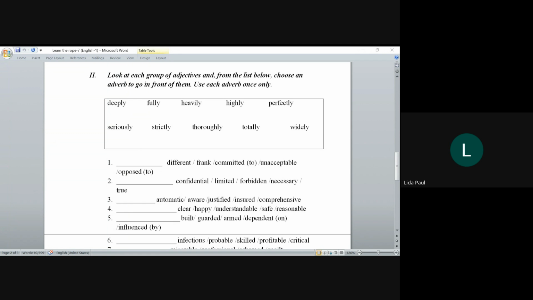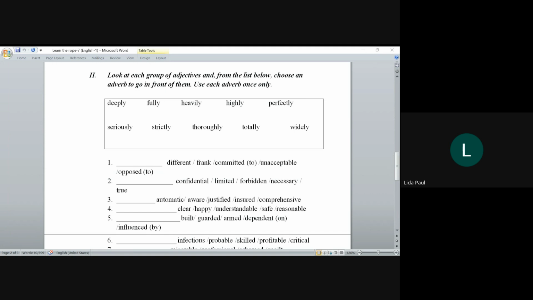And when I use the word commonly, I think you understand this is why they're collocations, right? Frequent usage of a combination of two words is what makes them a collocational pair. So all of these, heavily built, heavily guarded, heavily armed, heavily dependent on, heavily influenced by, are a good combination.